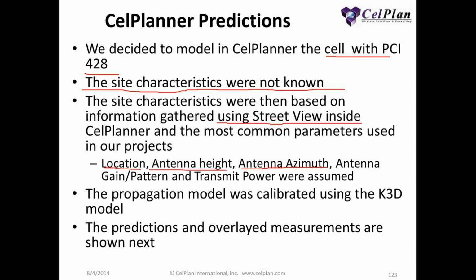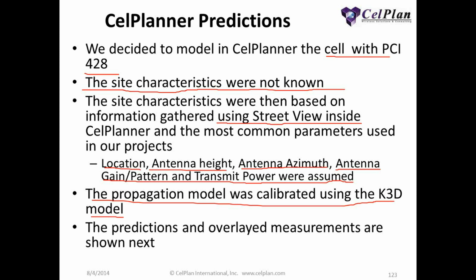We estimated the antenna azimuth. We assumed antenna gain, pattern and transmit power, basically the typical values that we use in our own design. And we used the calibration used with K3D. Of course, all those parameters we have to have for the calibration also.